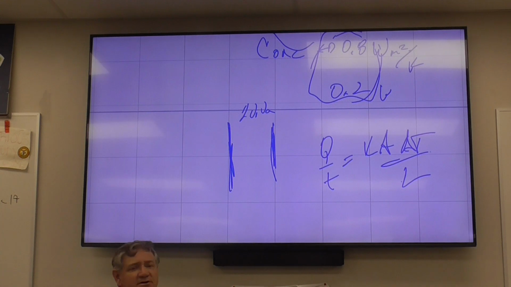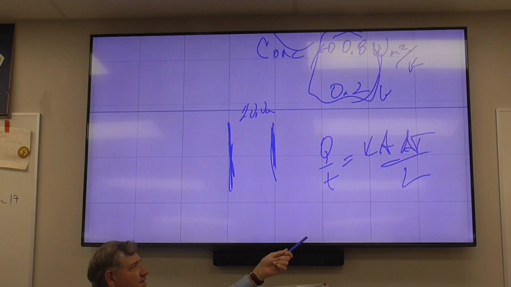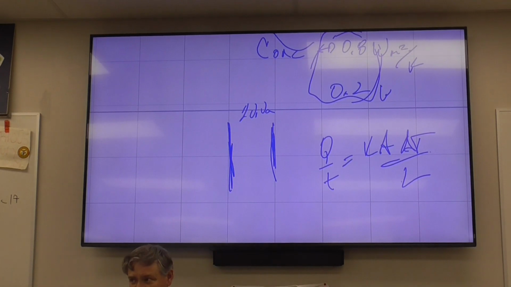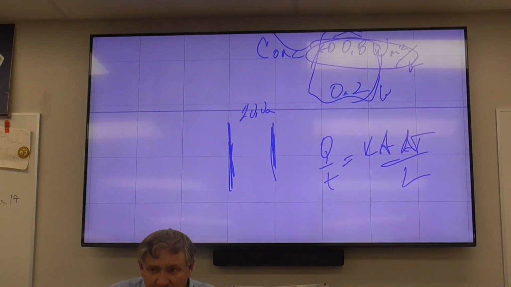The change in temperature is going to be the same for both. So the only thing that you can mess with is the value of k and L, which is the thickness. If you compare these two values, concrete has a value of 0.8, wood has a value of 0.2. Those are your two potential values.